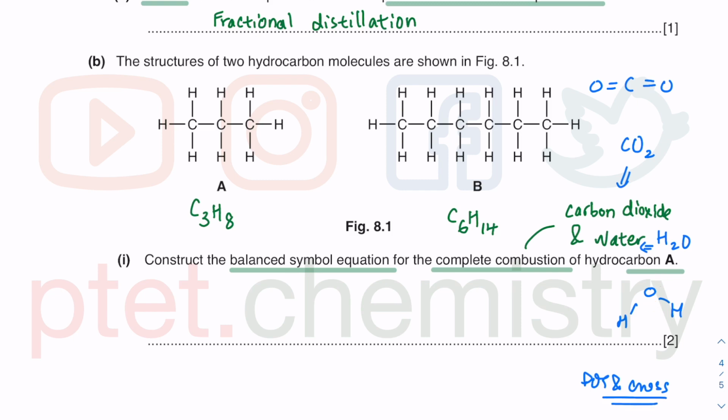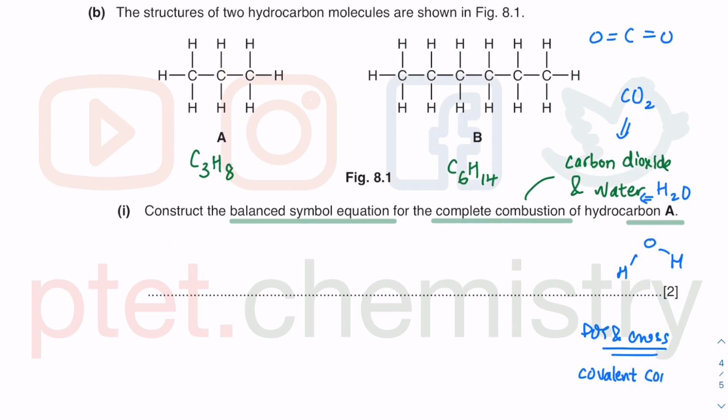Year 9 already taught you how to draw dot and cross for covalent compounds CO2 and also H2O, both of them included there. So compound A, C3H8, reacts with oxygen, burns in oxygen, to give carbon dioxide and water. Year 9 balancing equations taught you everything on the left must balance everything on the right.